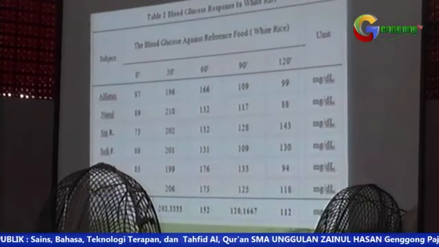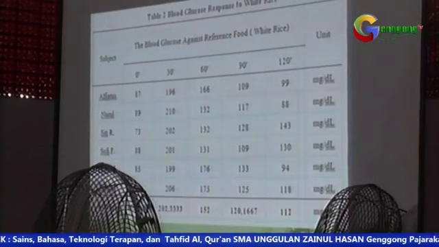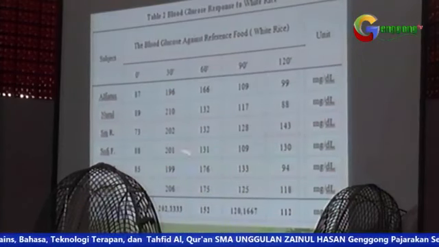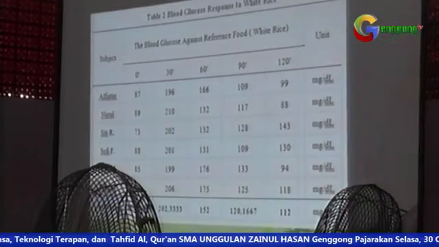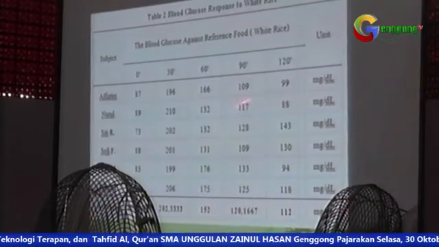Based on the blood glucose response of respondents given the white rice, we can look at this table. Giving the white rice increased the blood glucose level from 85,66 milligrams per dl at 0 time to 202,33 milligrams per dl.